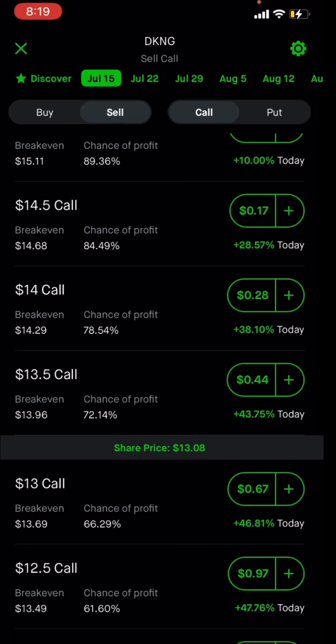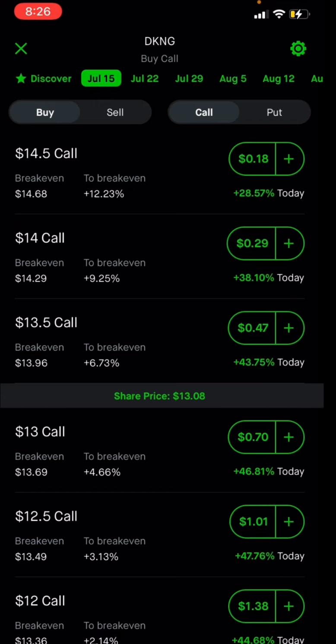So let's say that I think that this market will go up from $13.08 by July 15th. And right now, I want to stick with something that's closest in the money to my overall share price, and that's this $13 call. So now let's say that I want to buy a contract, right?